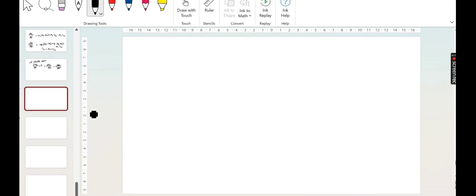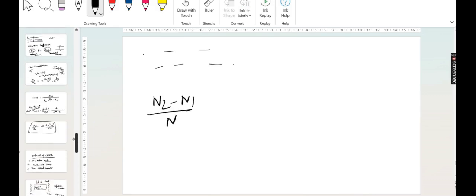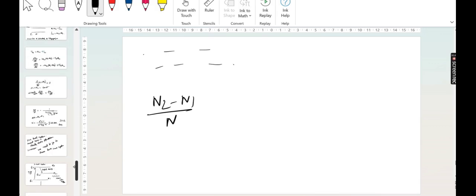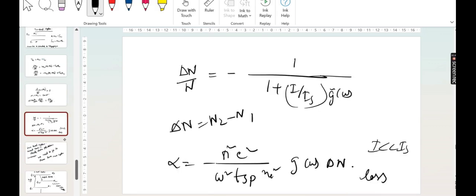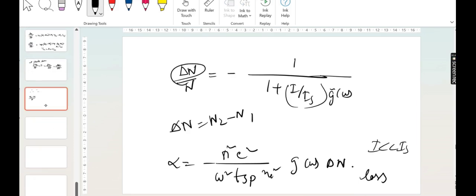So from this equation, after doing all the calculation here, you can see that in the generator, as I mentioned, N2 minus N1 by N. So here is the thing, N2 minus N1, that was in minus, so that was the problem.